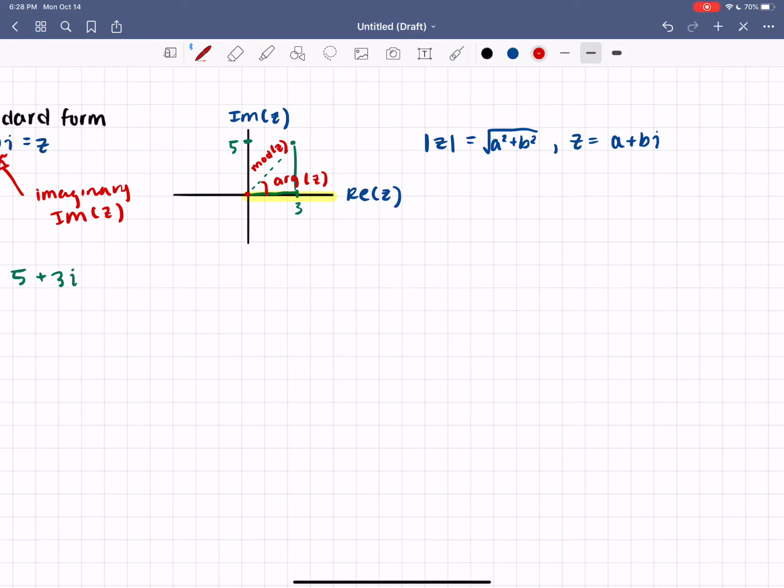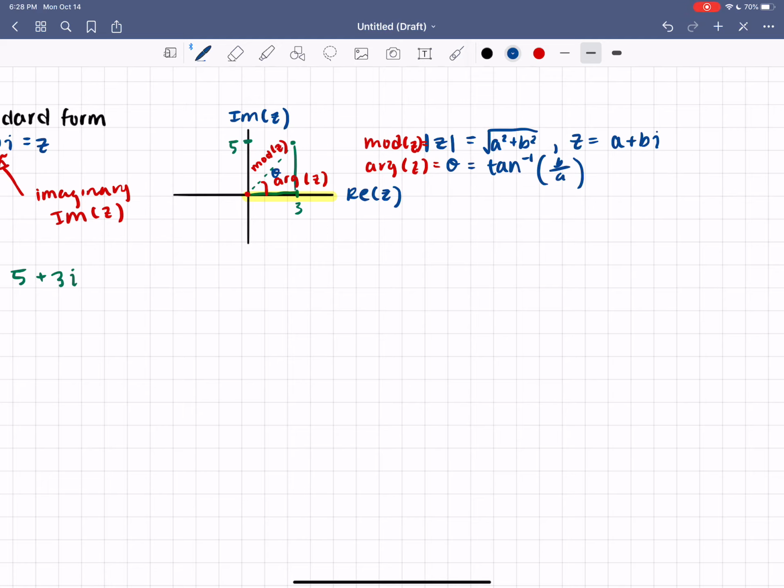So let's call this mod z. Our argument of z is equal to theta, where theta is equal to tan inverse, or arctan, of b over a.